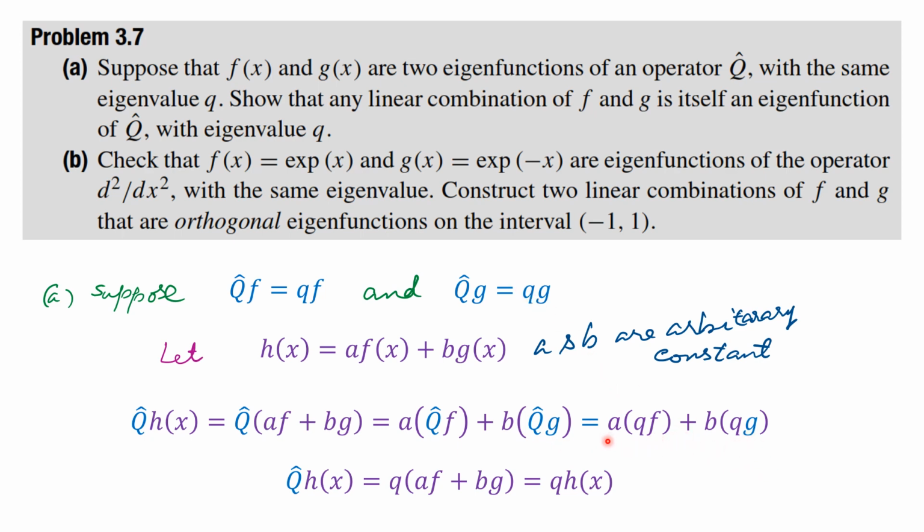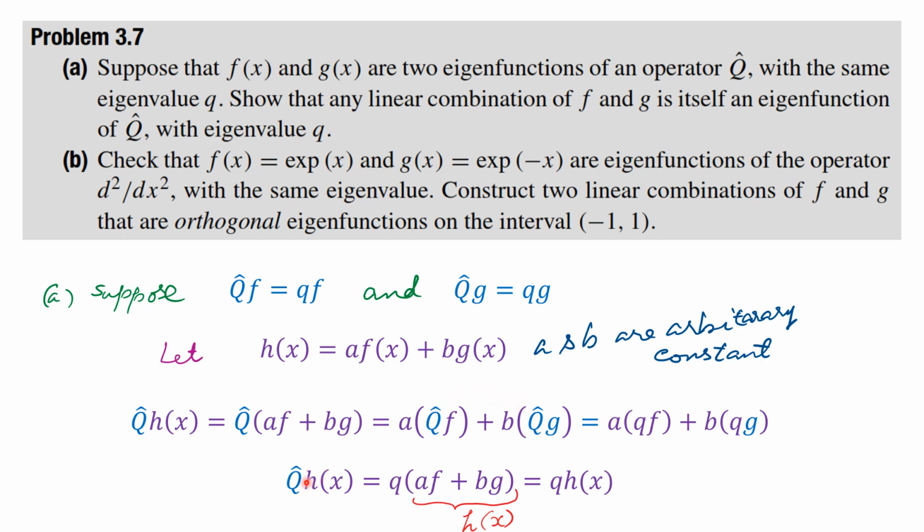So now q is an eigenvalue. Both the first and second terms contain q, so you take q outside. Then the first term becomes af, the second term becomes bg, and the terms inside the bracket are nothing but h of x by definition.